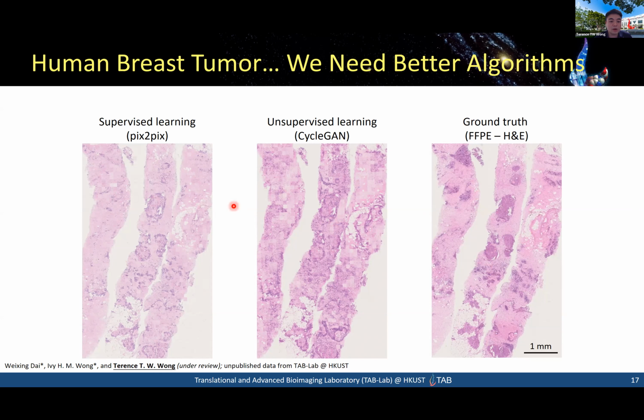We also found another problem: thin slice tissue distortions, such that the supervised learning also doesn't go very well.